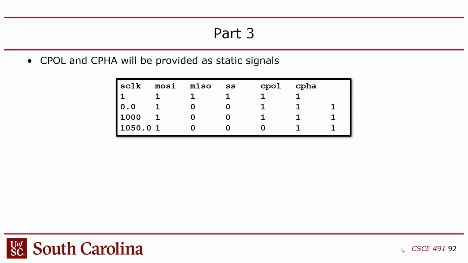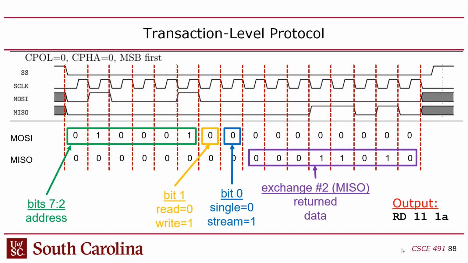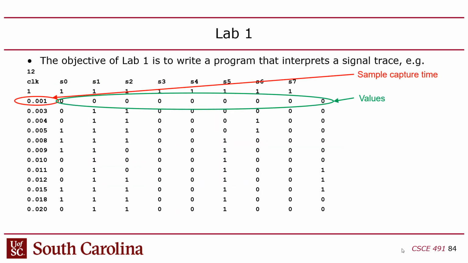Is there any way to visualize? When I showed you these slides, this is visualized. This is a waveform. But when you look at the signal trace, that's not a waveform. This is unreadable. So if you're debugging your code, how do you debug if you just have this?